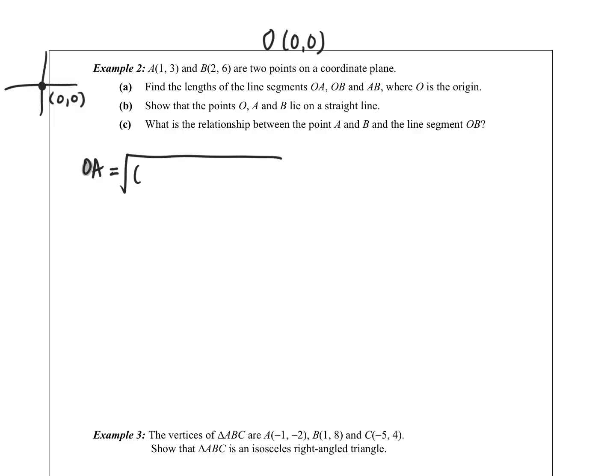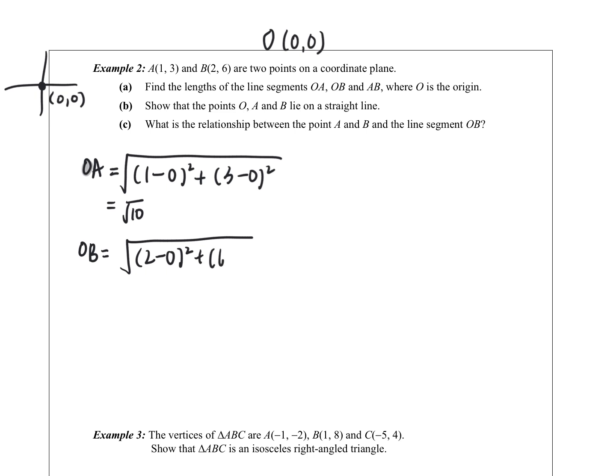So you just do x1 minus x2 squared, 3 minus 0 squared. So you end up having what? Root 10. It's just a word problem version of the previous question. So this one, same thing. 2 minus 0, 6 minus 0. So you get a 4 and a 36, square root 40.